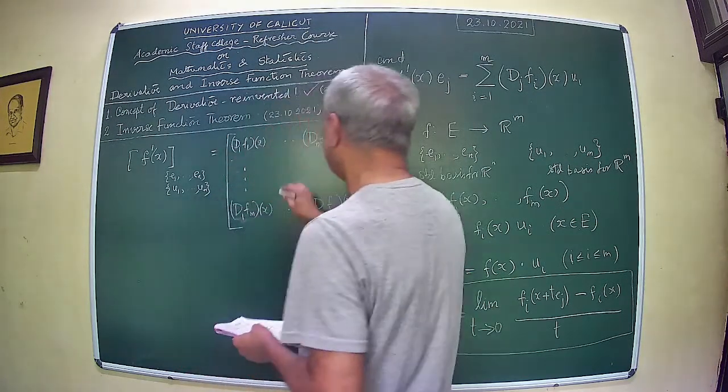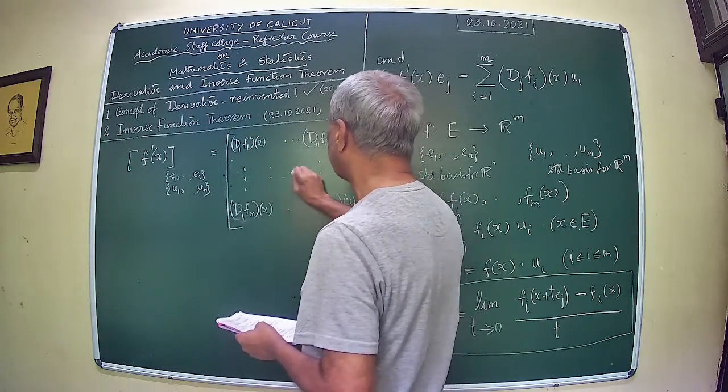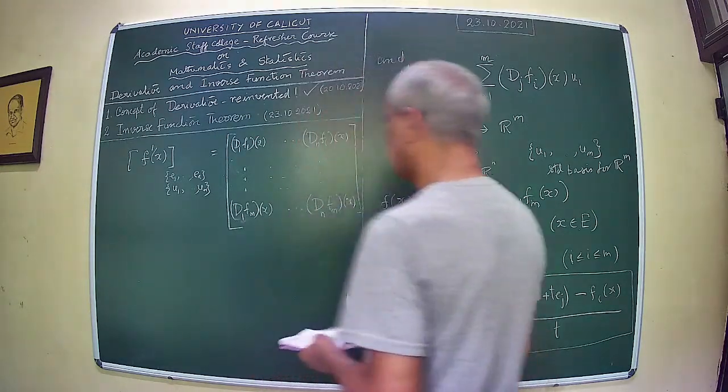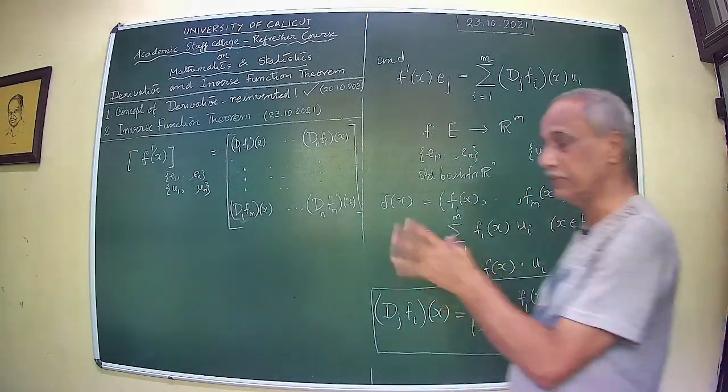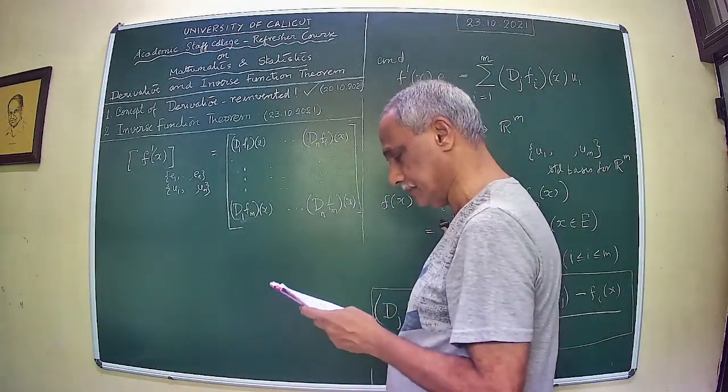All these partial derivatives exist, and using that you can write down the matrix representation for f derivative of x with respect to these standard bases.